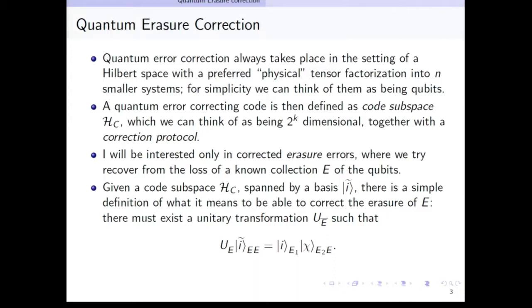Then what I'm going to mean by being able to correct for the erasure of E is that there's a unitary transformation U acting on Ē. Ē is the set of qubits that weren't erased, the ones we have in our lab.